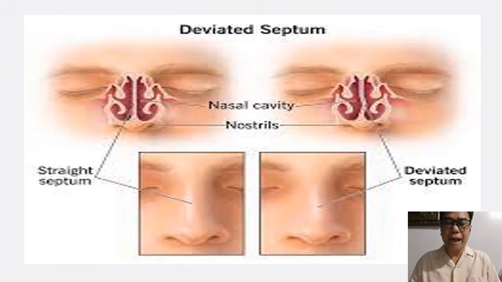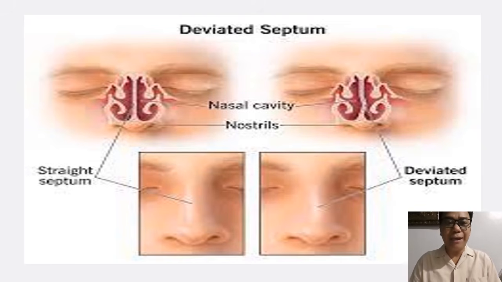Meaning to say that as much as possible, we need to minimize the possibility that they would have a nasal allergy. Another thing, since it is already bent, what we need to do is to properly align the deviated septum, and it could be done through surgery, and we call that surgery nasal septoplasty.